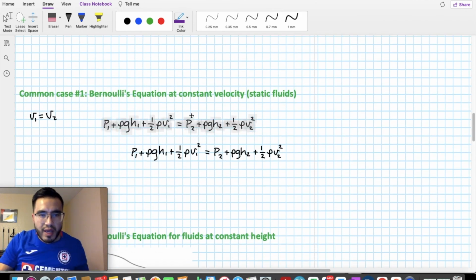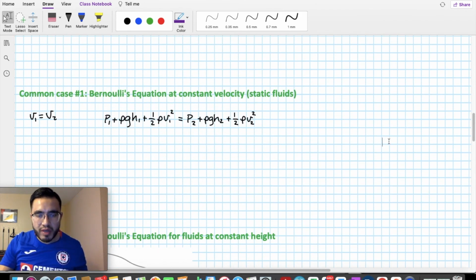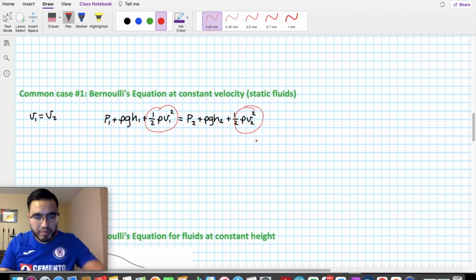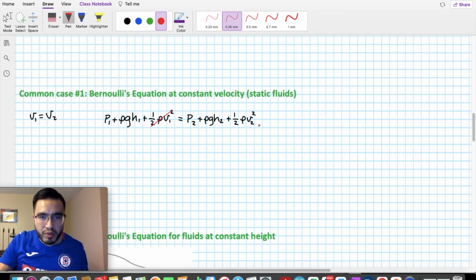So if velocity 1 equals velocity 2, then this kinetic energy will be the same as this one, right? Because you have the same velocity, therefore this number is going to be the same because you have equal density. And we can just cancel this one and this one.